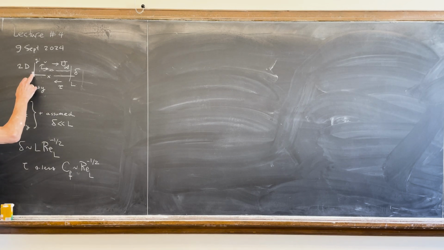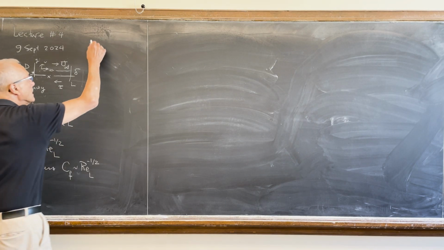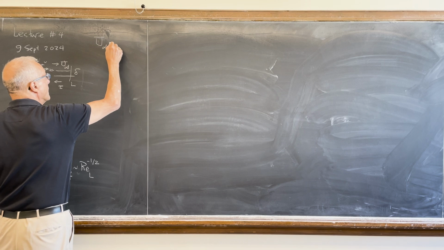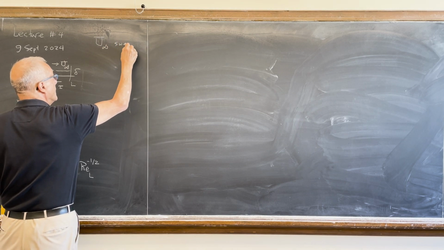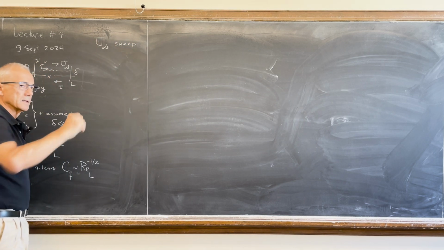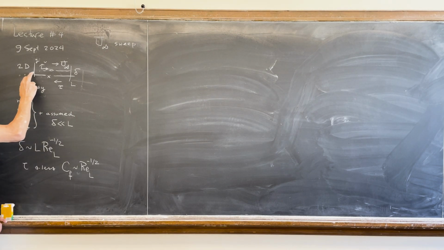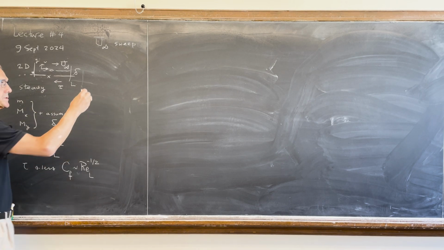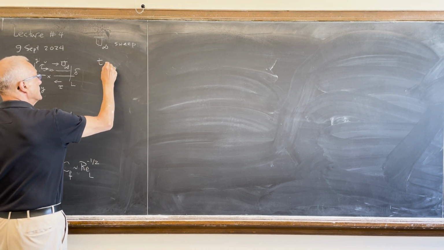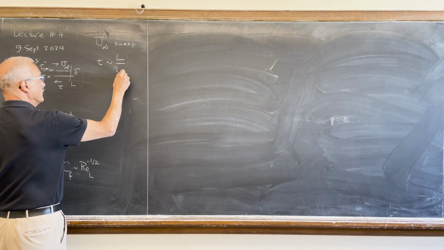So this thing is, of course, going from left to right with this speed. And that speed is the speed of sweep, or sweeping, or of scraping the wall. Hand in hand with it, there is a time of sweep, the time it takes for this thing to get here. So the time of sweep is L over U infinity.